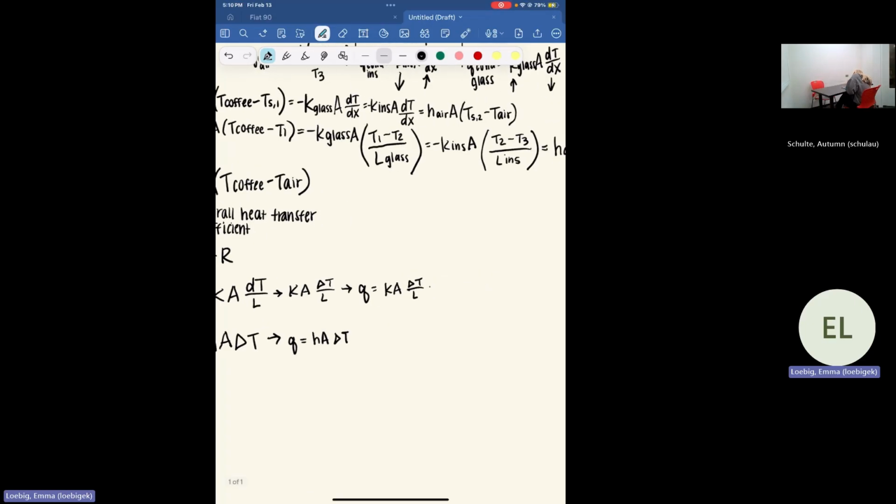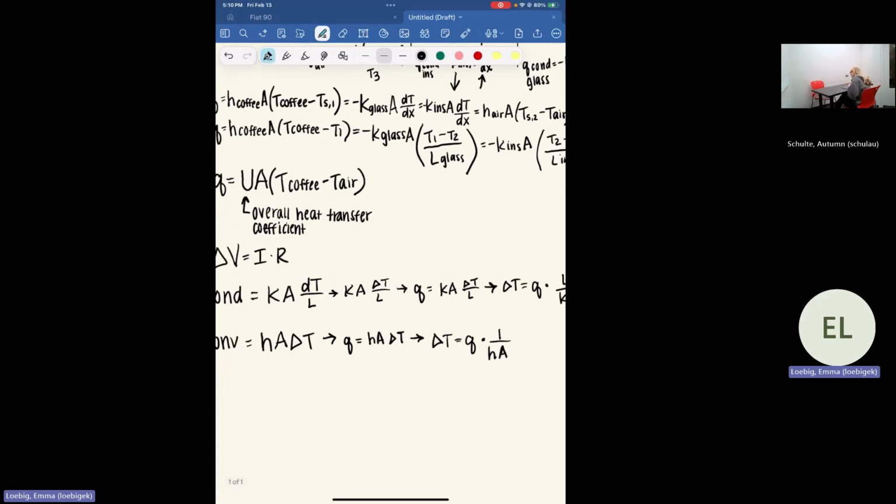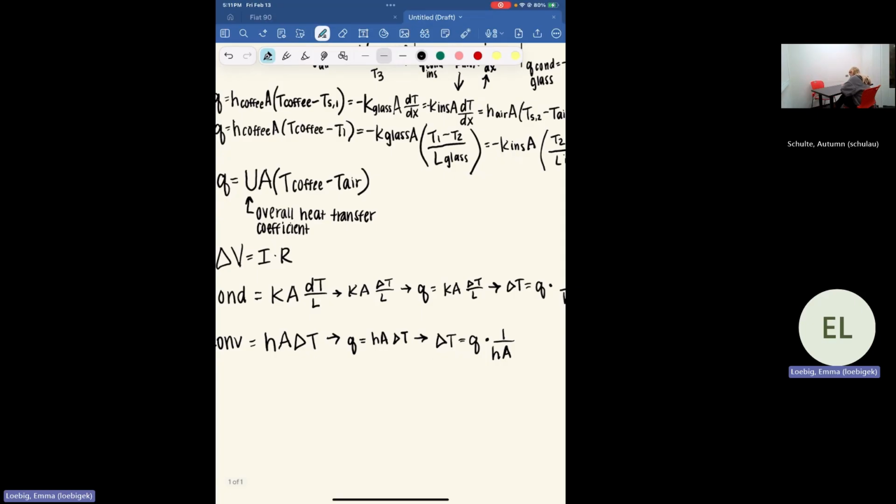Rearranging each of these, we'll find that the change in temperature is equal to Q divided by thermal conductivity multiplied by area. Down here, we're going to get the change in temperature is equal to Q multiplied by 1 over the heat transfer coefficient times A. Looking at this, we can see that our delta T term is like our delta V term.